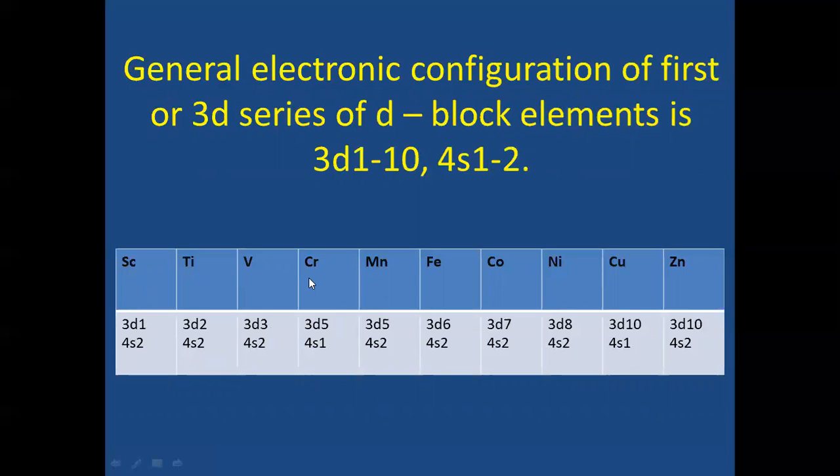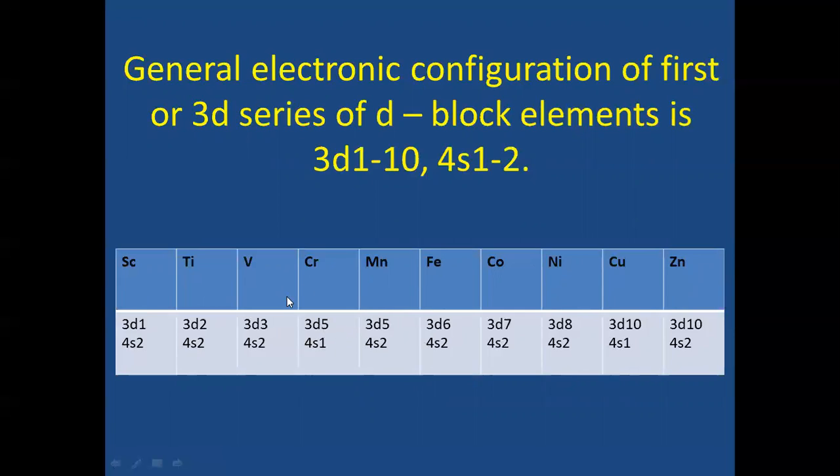The electronic configuration of chromium should have been argon, that is 18 electrons, then 3d5 4s1. For every element you should first consider argon because 18 electrons are covered there. Then, after the 18th electron, how many electrons remain?